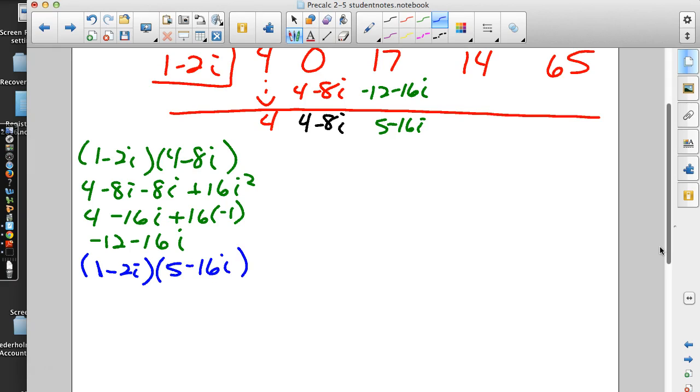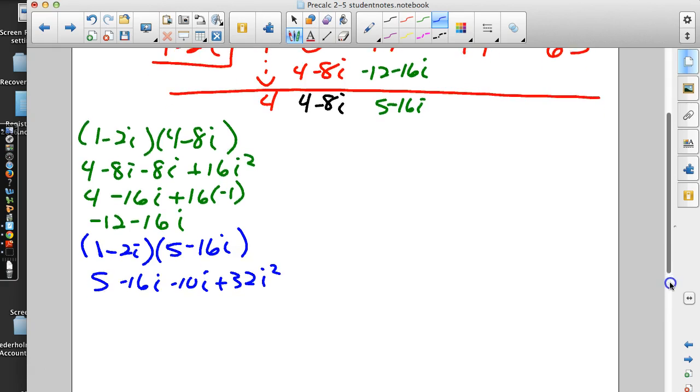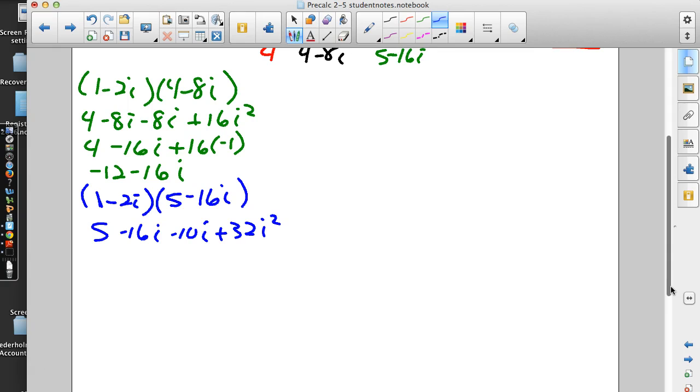So there's our next piece to multiply. First times first, outside times outside, inside times inside, last times last. Realize those two middle terms will come together. And that i squared is negative 1.